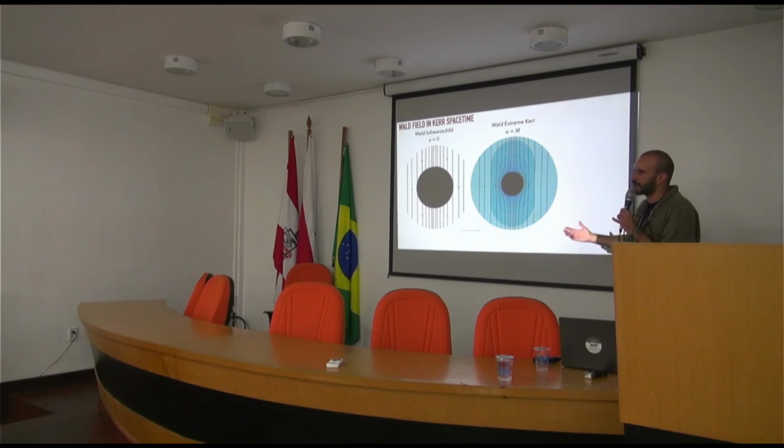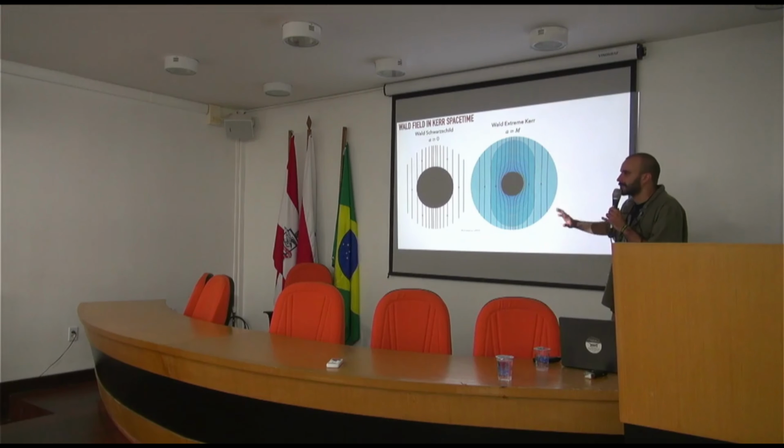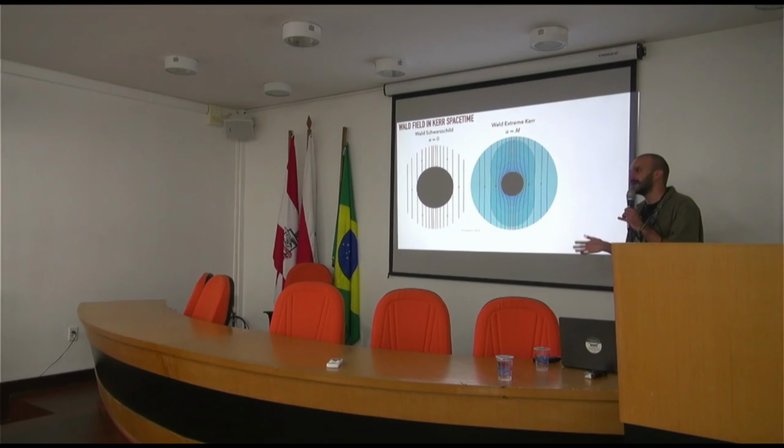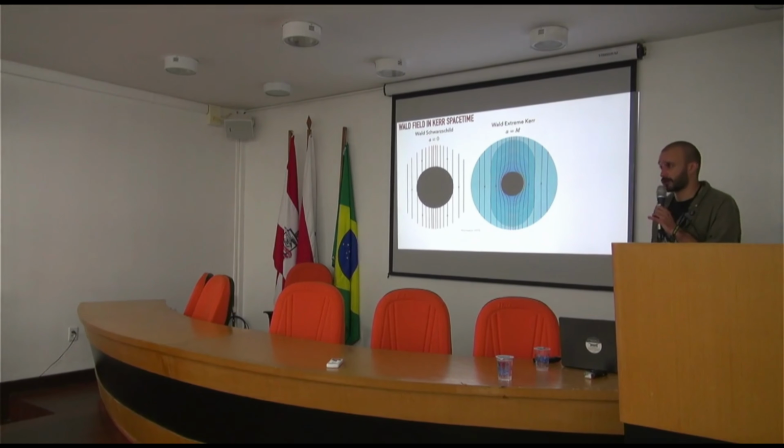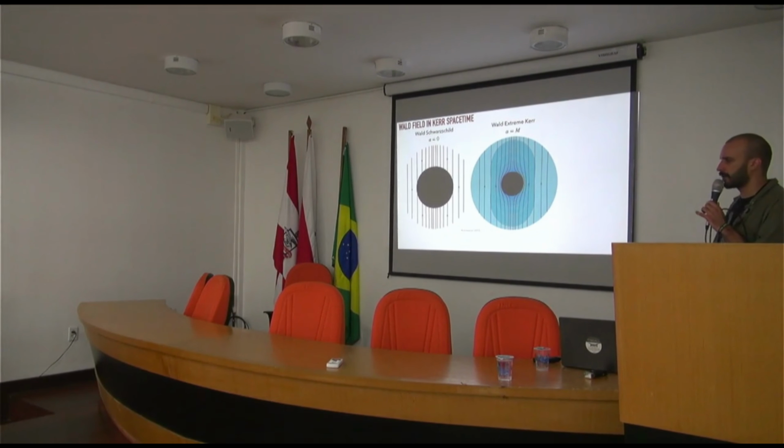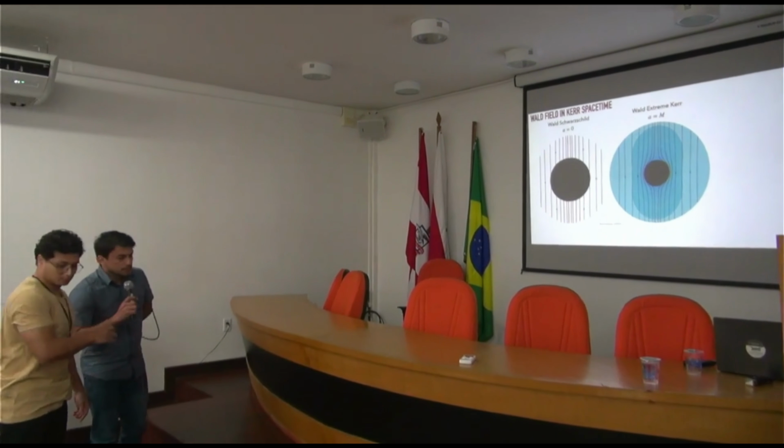But the magnetic field lines are a different object. They are really one-dimensional objects. So if you think in terms of gravitational potentials, for them it's a completely different world. I see. It's a good question, I have to admit, I don't know how to answer this. Okay, thank you very much.